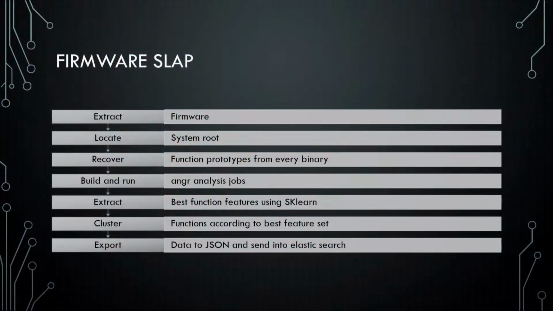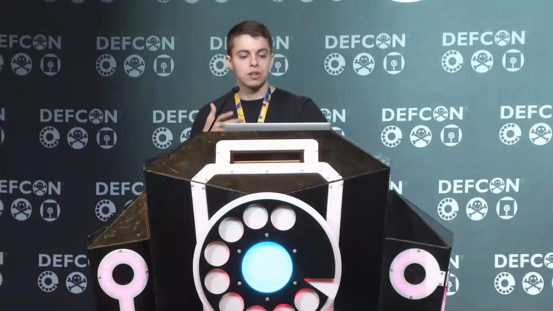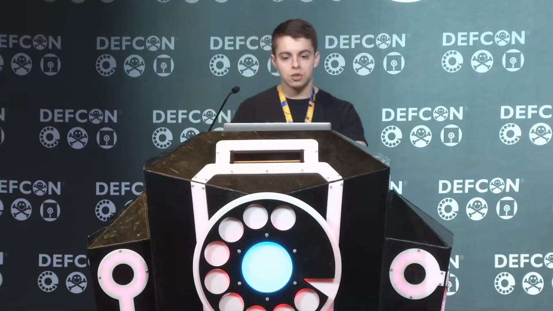You provide a firmware. It'll locate the system root. It will locate all of the shared objects. It'll iterate over every function in every binary, recover those function prototypes, build and run those analysis jobs. It'll identify those vulnerabilities for you. It'll extract out the features using sklearn, iterating over all of those features to see if they're good. It'll cluster those features, and it'll dump it into JSON.